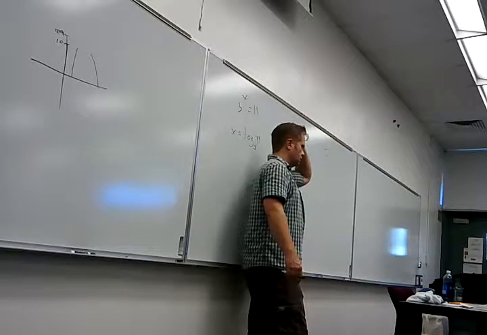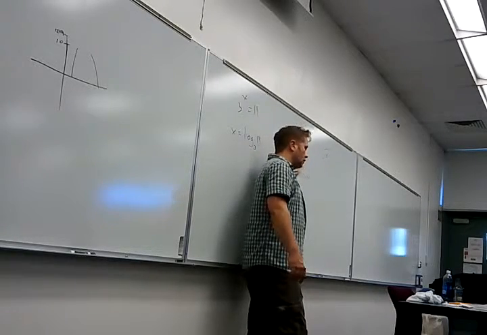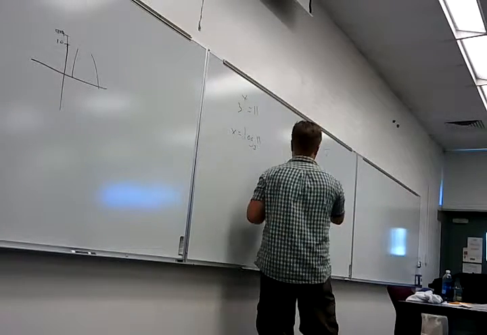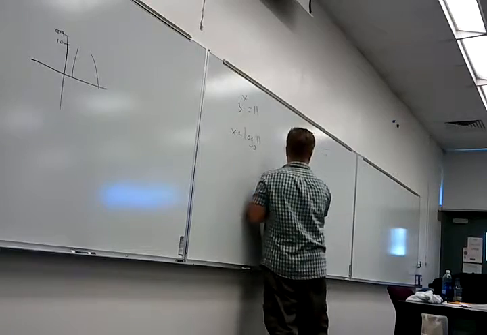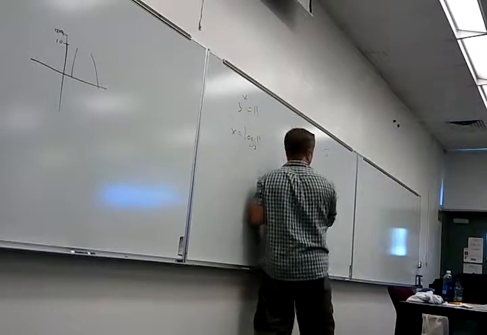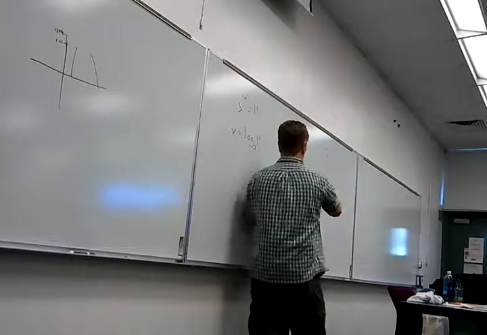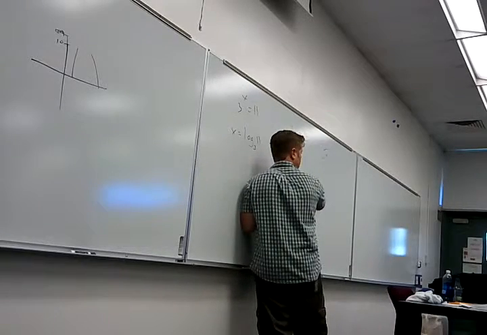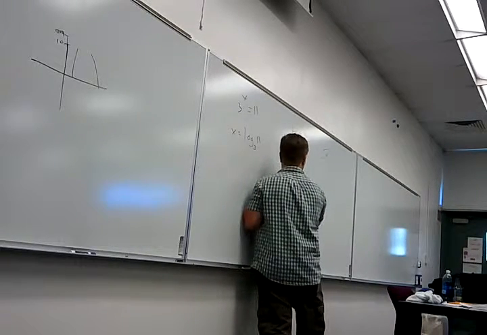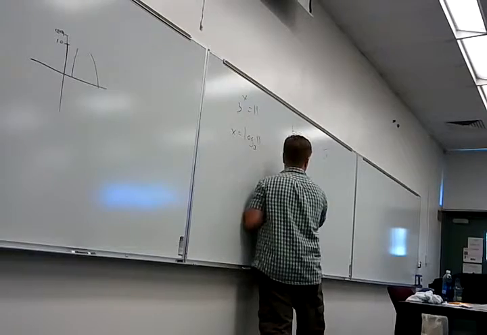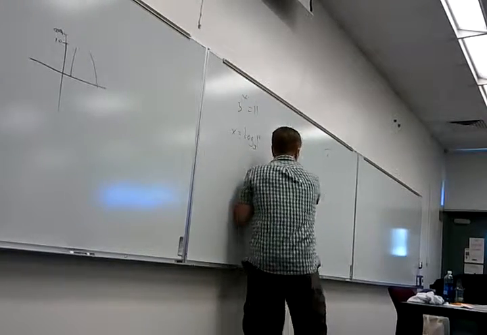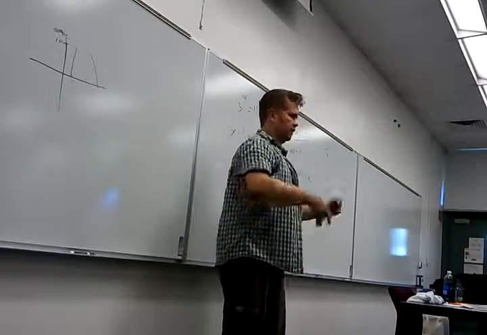How would you do it? Do it slowly. A way to rewrite this question, if you put an X there because you don't know, how can I rewrite this? What's the base? 10. 10 to the X equals 10,000. These ask the same thing. That's what we were saying earlier, right?